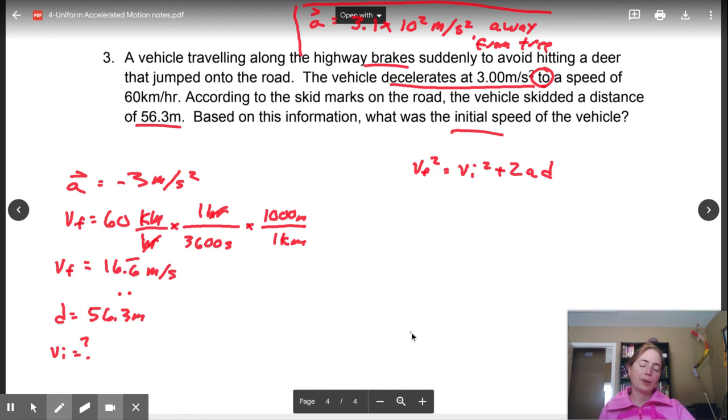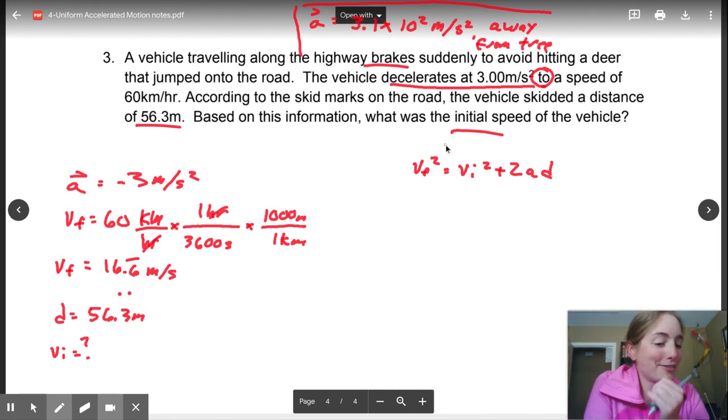We are trying to find VI, so we've got to rearrange this. Watch out for the plus and negative signs in the middle of these equations. When we're rearranging, we go with reverse BEDMAS.